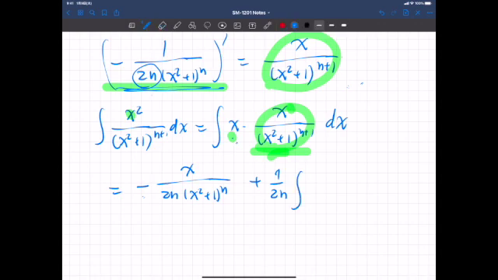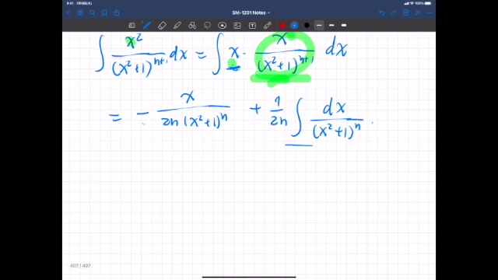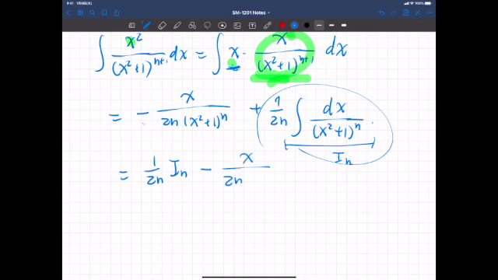And this x will be gone after differentiation, and we have only this term left. But of course, this part is I_n. So now we have 1 over 2n I_n, so that's this term, minus x over 2n (x squared plus 1) to the power of n.